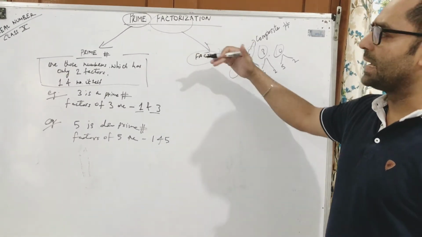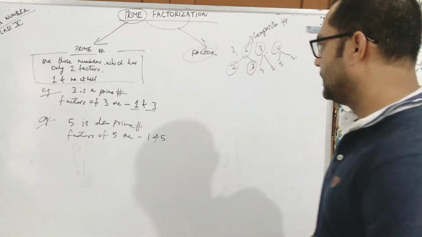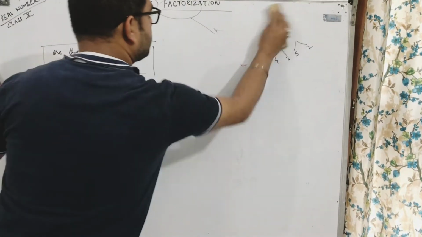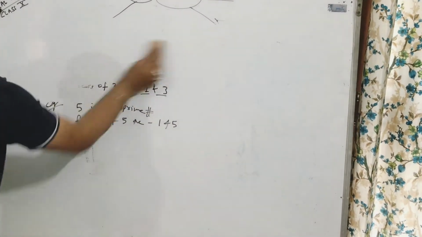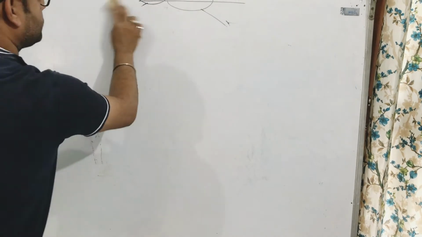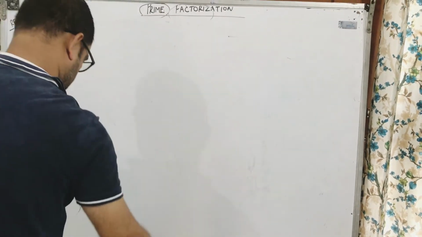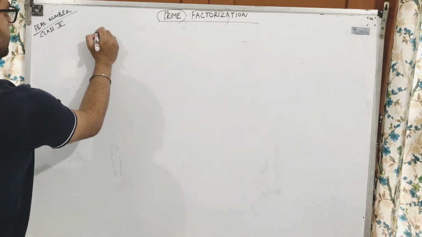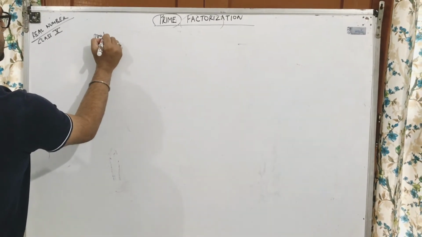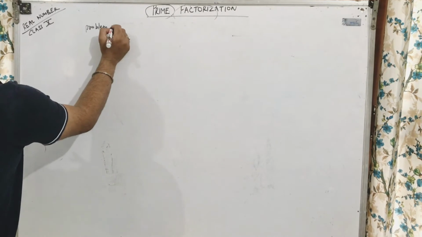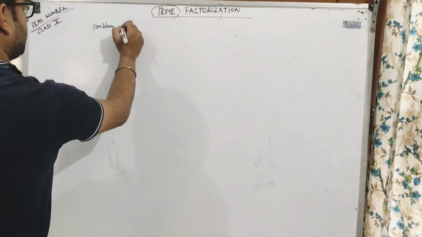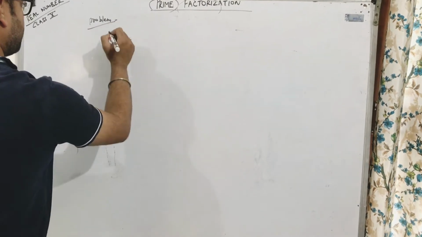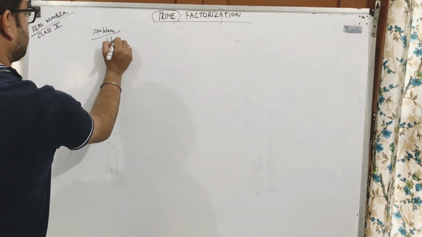Now we will take an example and do it. We will take the first problem. The question is: find the prime factors of 140.